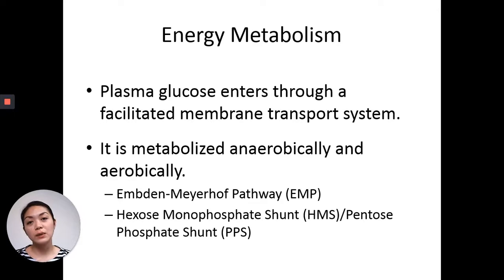The major pathway is the anaerobic one, and that is called the Embden-Meyerhof pathway or EMP. The aerobic is called HMS, hexose monophosphate shunt, also known as PPP or pentose phosphate shunt.